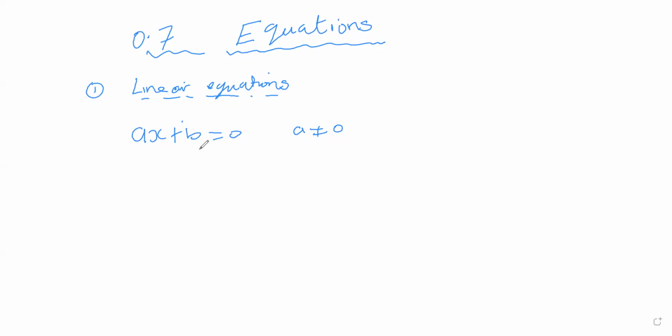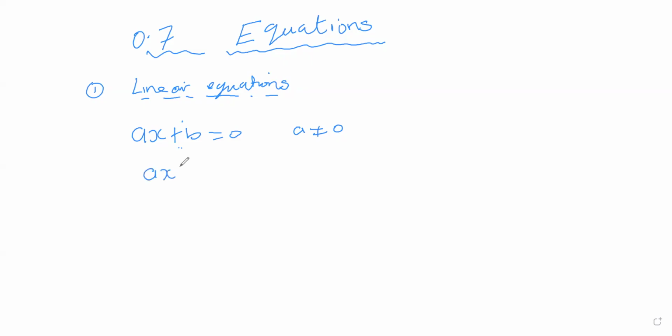So in this case, if we were to solve for x in this linear equation, we start by moving b to the other side by subtracting b on both sides. And for an equation to remain an equation, whatever you do on one side, you must do the same on the other side so that you leave the equation unchanged.